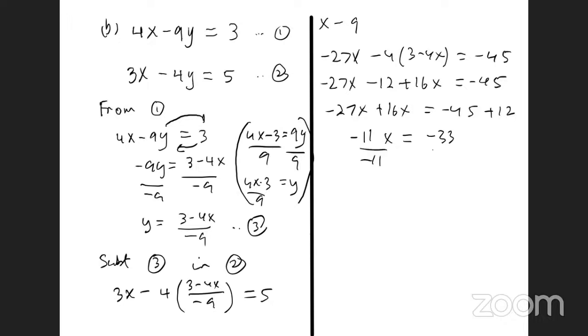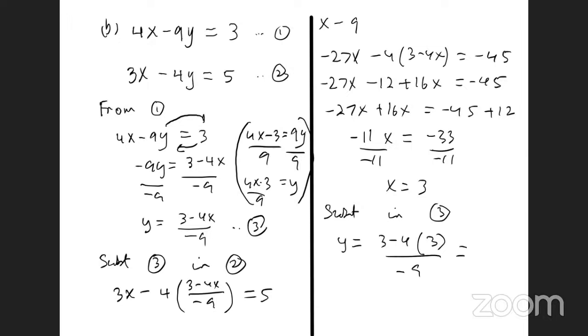Divide by minus 11. x is 3. And then I am going to substitute in equation 3. Equation 3 said that y is equal to 3 minus 4 by 3 all over minus 9. So when you work this out, you get minus 9 over minus 9, which is 1. So your answer is 3, 1.